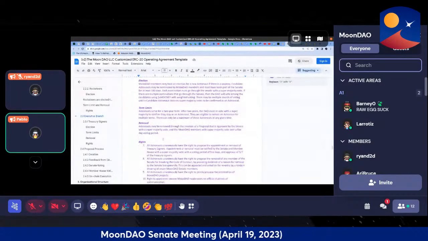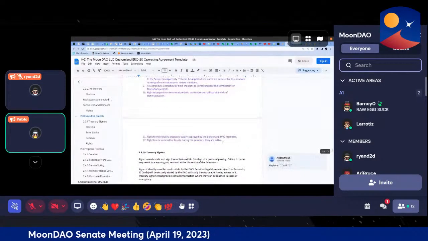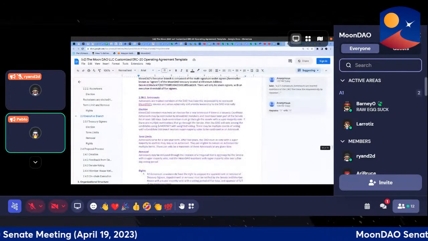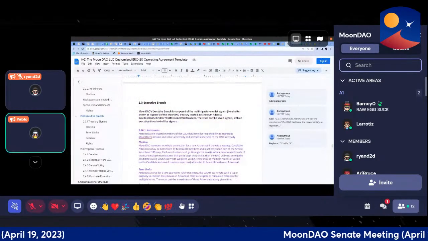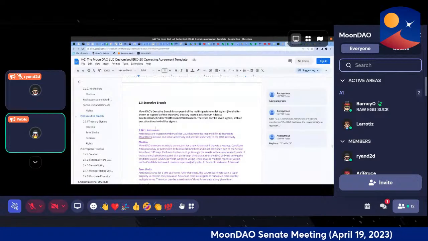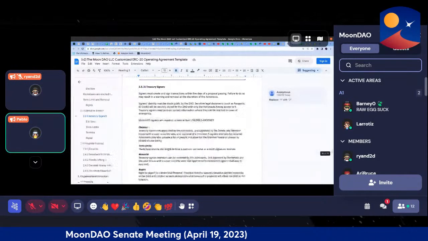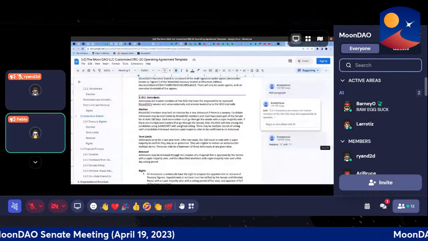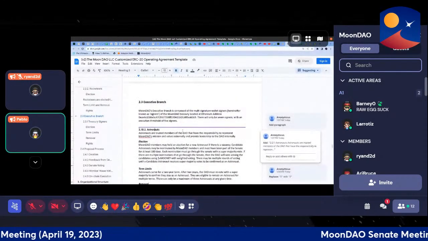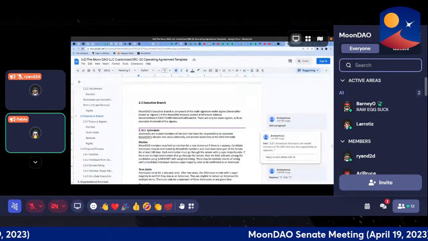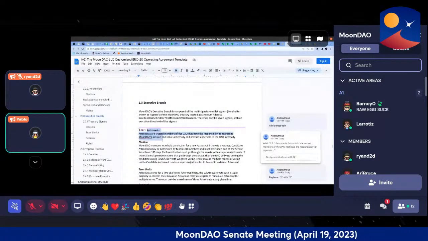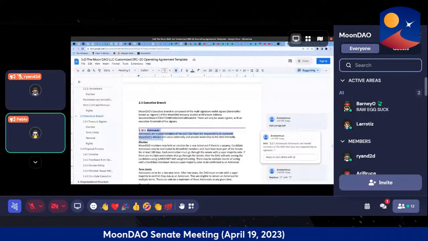It's more of a refactor than anything, not changing anything with the astronauts, but I feel like it makes more intuitive sense to have the astronauts sit inside of the executive branch rather than in the Senate.